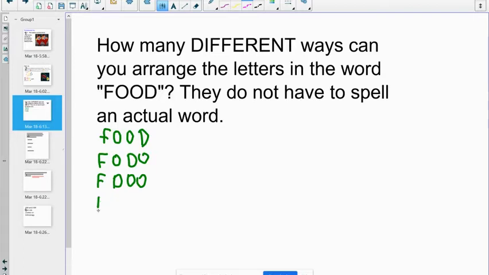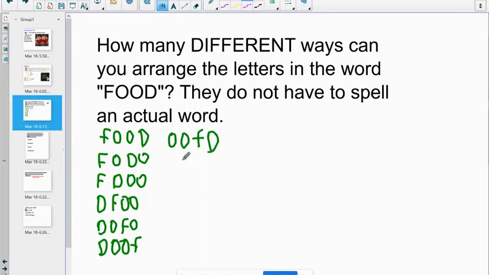Let's try starting with D. We're going to have D-F-O-O, D-O-F-O, and D-O-O-F. Okay. Now we've got to come up with the ways of arranging starting with O. We're going to have O-O-F-D, O-O-D-F, O-F-D-O, O-F-O-D.